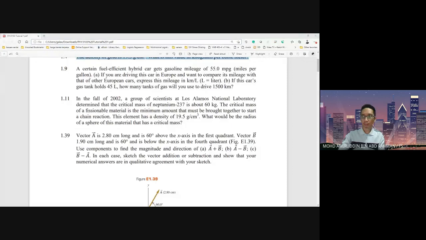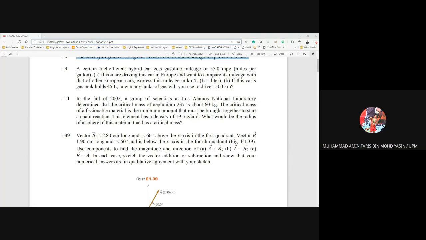You need to divide 64.2 by 45 liters. So the answer should be 64.2 divided by 45. So how many tanks are used? 2 tanks.